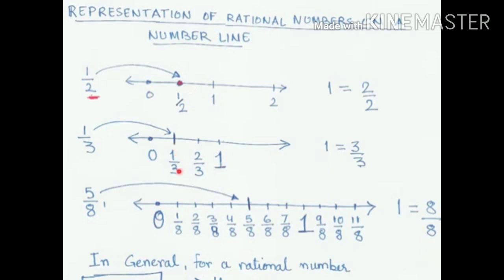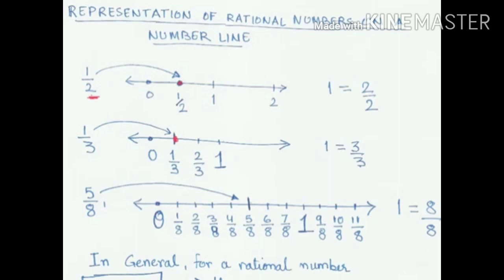The second is two parts out of three parts, and where we have 1 is three parts out of three parts, which is what I have shown over here. So 1 can be represented as 3/3. So in our case, if we want to locate 1/3 on the number line, we will just look at this point, and highlight this point to say that this is 1/3 on the number line. So far, so good. Two simple examples.